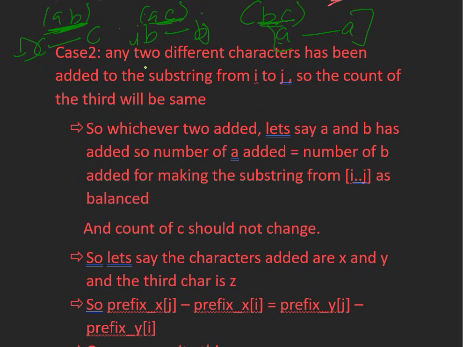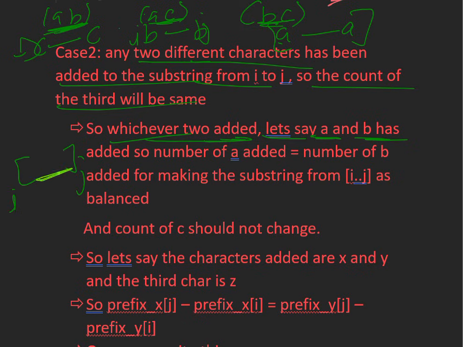So this is written similarly here. Any two different characters have been added to the substring from i to j, so the count of the third will be the same. And whichever two have been added, let's suppose we have added A and B. If we have added A and B in the substring from i to j, for it to be balanced, the number of A's added should be equal to the number of B's added, right?